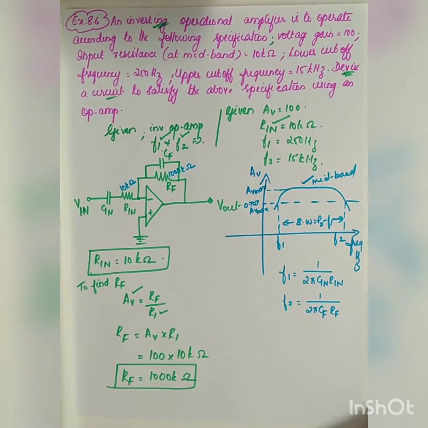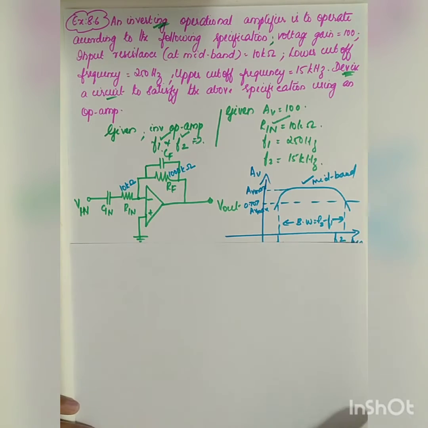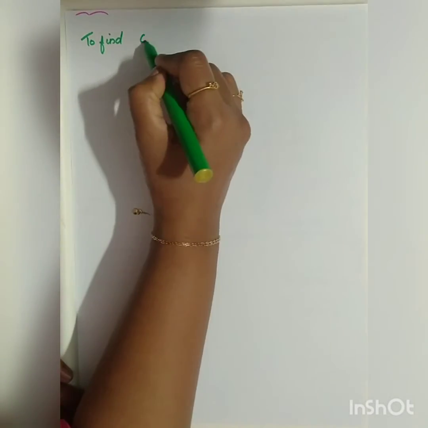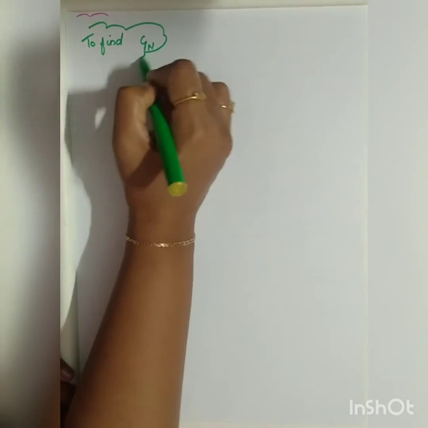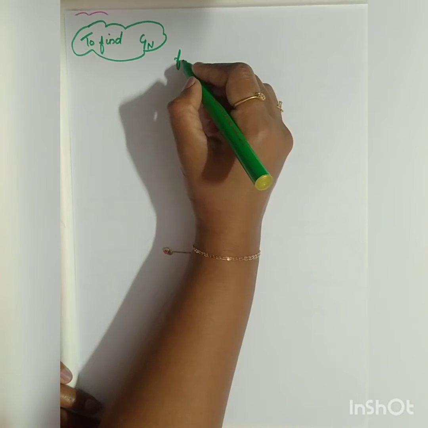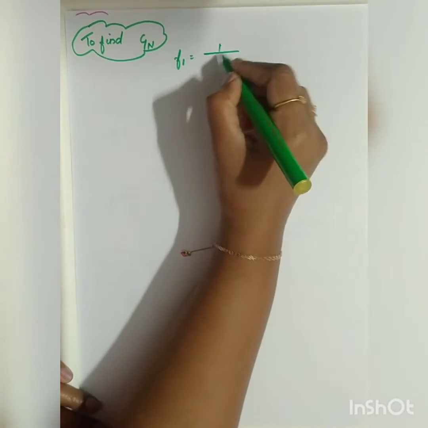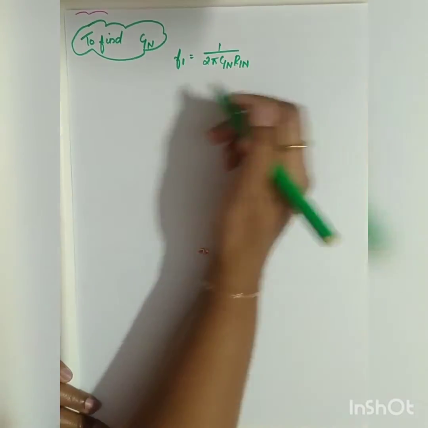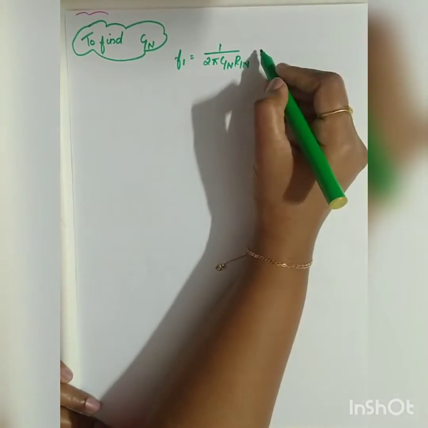Now we are moving on to the third parameter. Our aim is to find out the values of the two capacitors. To find Cin, what formula do we have to use? F1 is equal to 1 by 2 pi Cin Rin. Now can we simplify this?